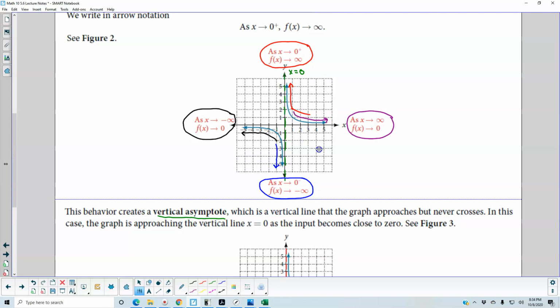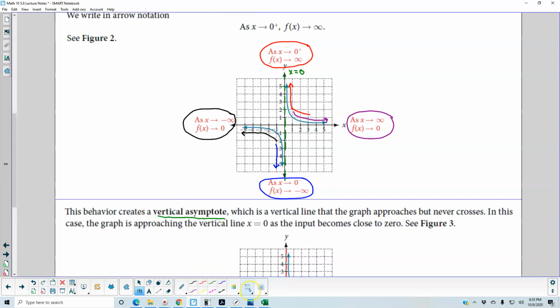Now, we did say that there is a vertical asymptote here at x equals 0. But I also want to point out that there's another asymptote, a horizontal asymptote. And where is that horizontal asymptote located? Well, let me show you.